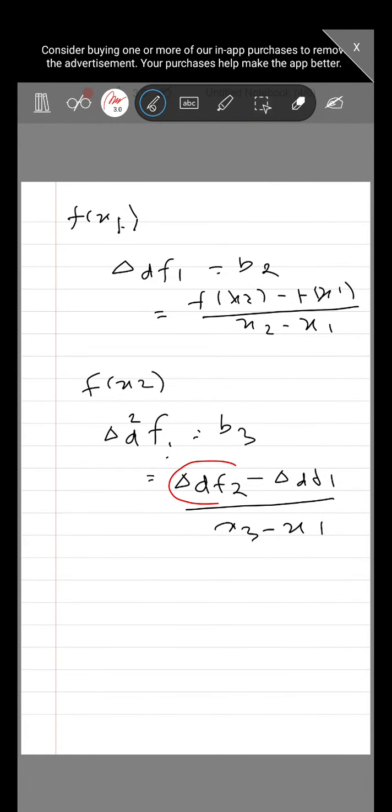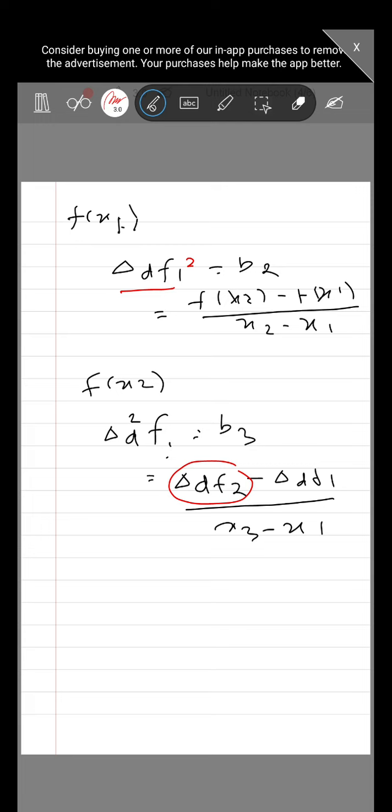By delta d f2, we mean, if you look closely here, had it been f2, it would have been f(x3) minus f(x2) divided by x3 minus x2.